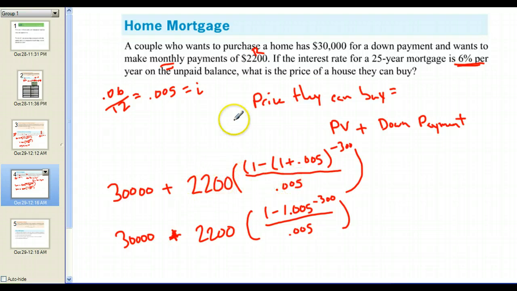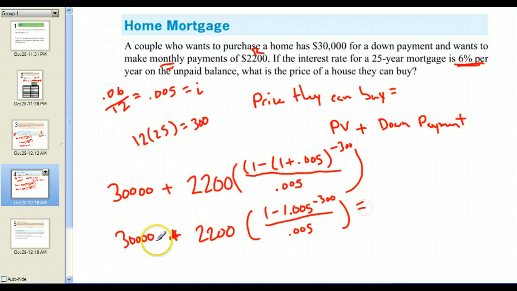The 2,200, that's R. We said that was R to begin with. The negative 300, where's that coming from? It's 25 years of monthly payments. So 12 times 25, do the math, and you get 300. So remember, that's what N represents, how many payments you make, or how many periods you have.